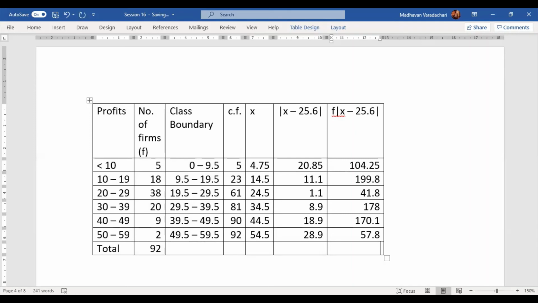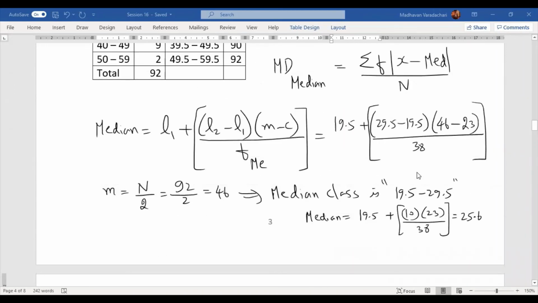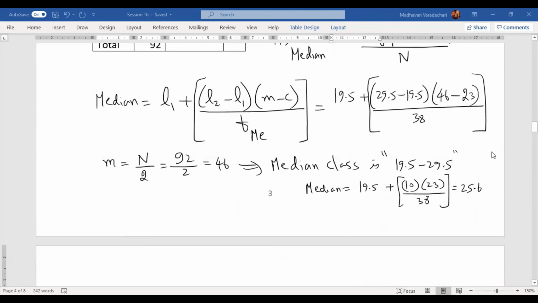Plus 170.1 plus 178 plus 41.8 plus 199.8 plus 104.25. We get 751.75. So since we now got the sum of f times modulus of x minus 25.6 as this, we can now find this mean deviation about median.